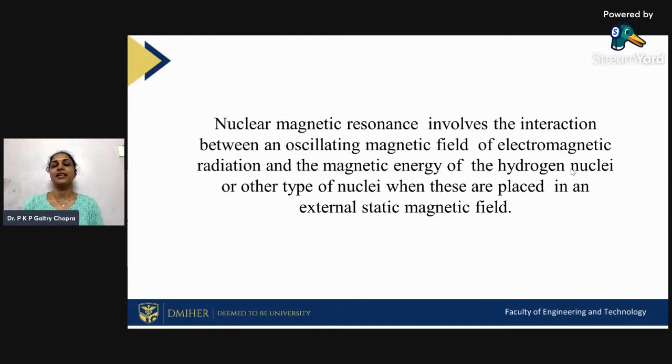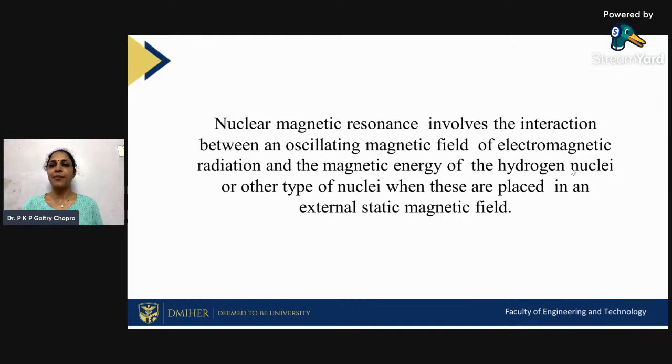So every nucleus has its magnetic component. Basically, nuclear magnetic resonance involves the interaction of the oscillating magnetic field of the electromagnetic radiation and the magnetic energy of the nuclei. It could be either hydrogen nuclei or any other nuclei when they are placed in an external static magnetic field.